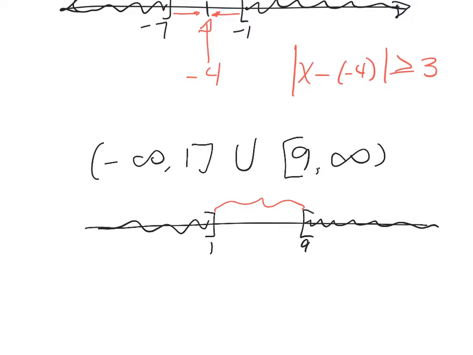What's half of 8? So add 4 to 1 or subtract 4 from 9. The absolute value of x minus 5 is greater than or equal to, what is the distance? Well, the total distance is 8. But the distance from 5 to 9 or the distance from 1 to 9?